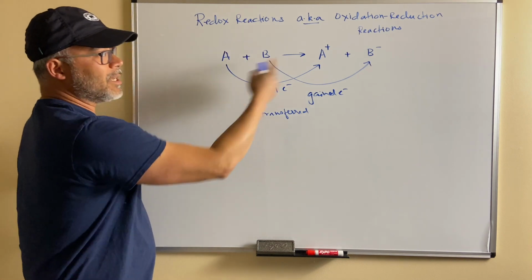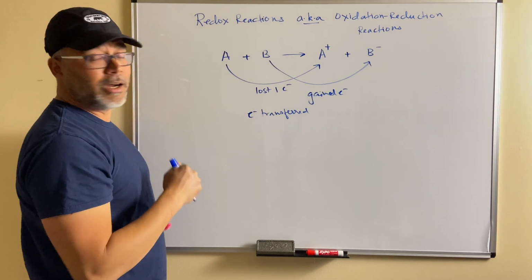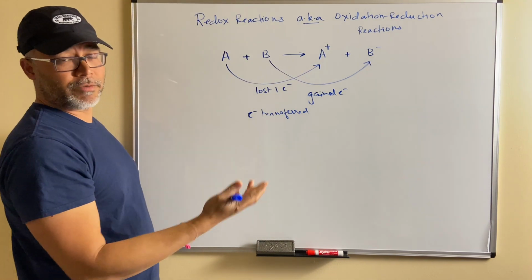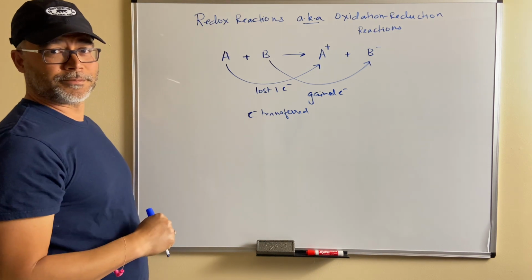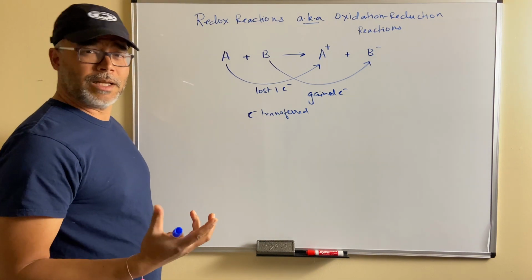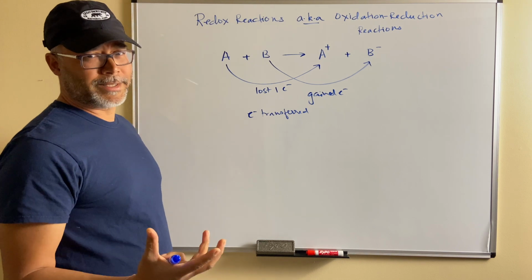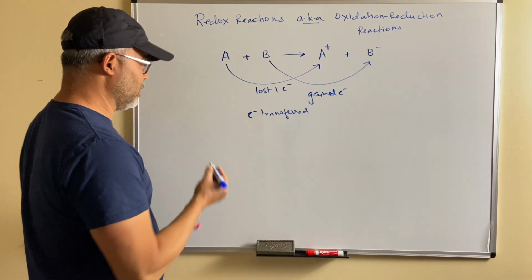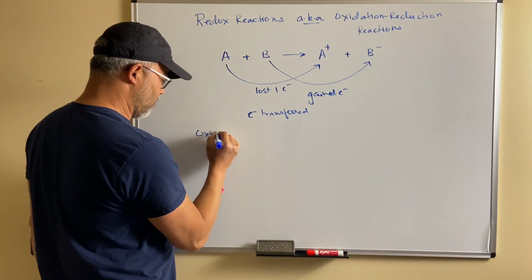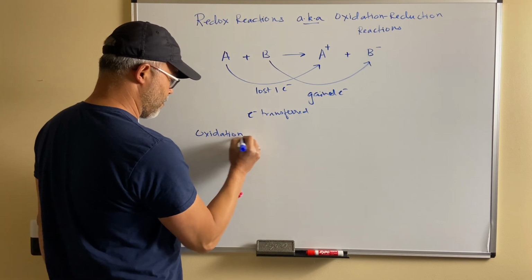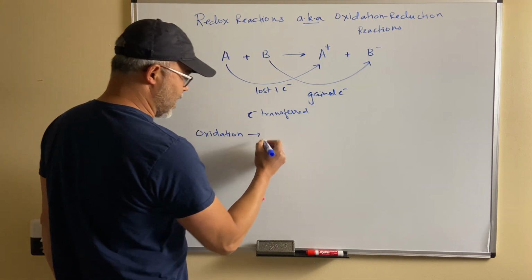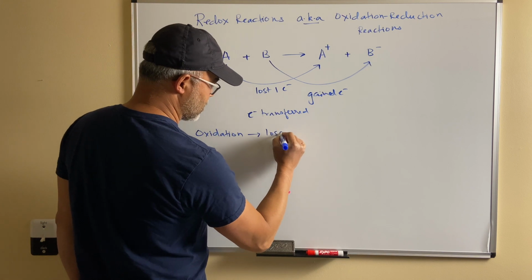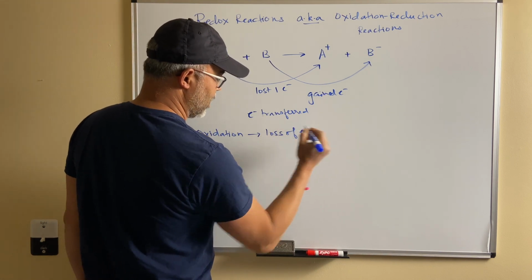So this is an example of a redox reaction or an oxidation reduction reaction. So let's go ahead and define what we mean by oxidation and what we mean by reduction. Oxidation is defined as the loss of electrons.